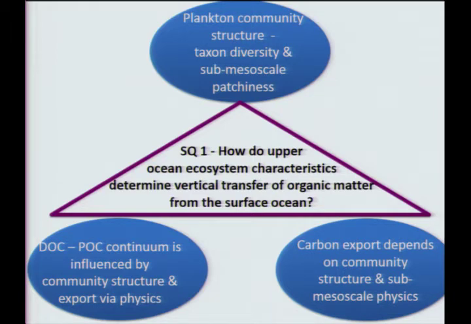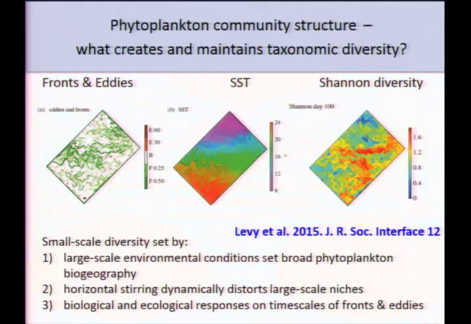Carbon export depends on community structure and submesoscale physics, and the DOC-POC continuum is influenced by community structure and export biophysics. And again, coming back to this idea of community structure and the submesoscale physics.